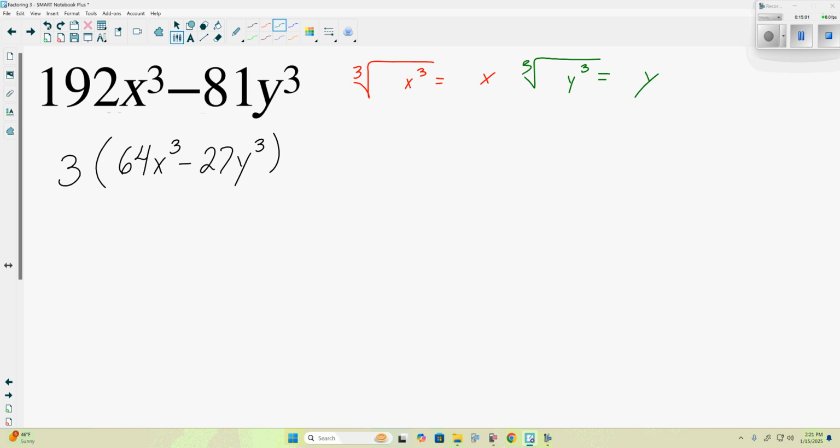That is not the 6. That's our 27, and that's our 64. So here we would look for a greatest common factor, and the greatest common factor between these is actually 3. That's the only number that's in common with both.